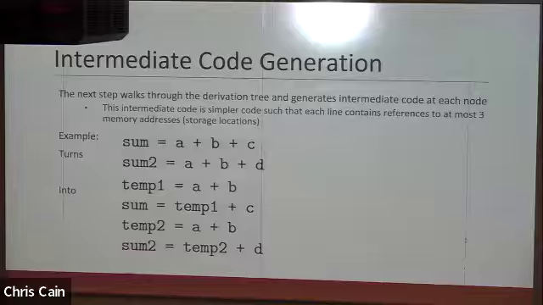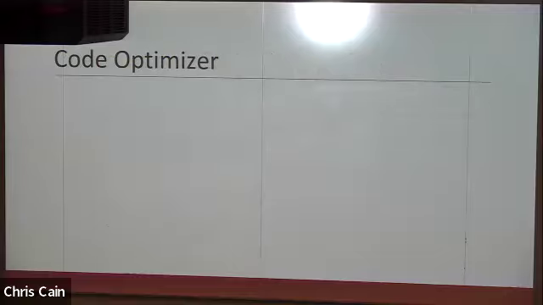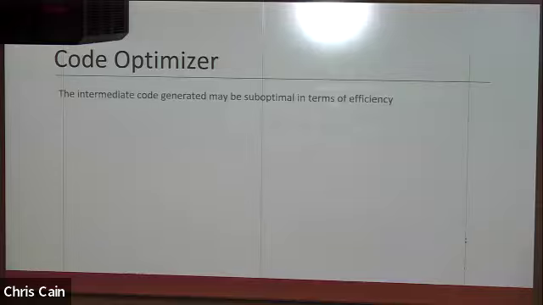Once we have this intermediate code that maps more directly onto assembly instructions, we can optimize. We find frequently that intermediate code that is generated is suboptimal in nature. There are unnecessary operations in there, or we can reuse variables. There's something that allows us to map this onto something more efficient.